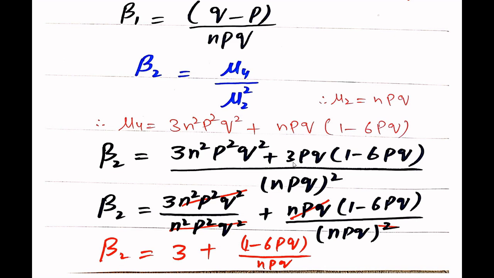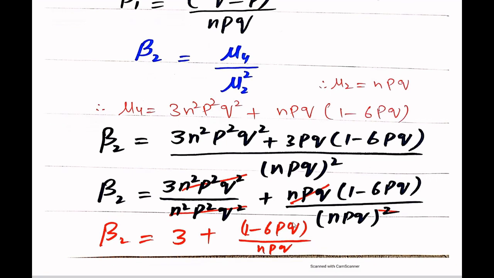So correct this to npq. The second term is in correct form: npq into 1 minus 6pq over npq square. Cut this square with this. So we are left with 3 plus 1 minus 6pq over npq. This is the proof of beta 2.